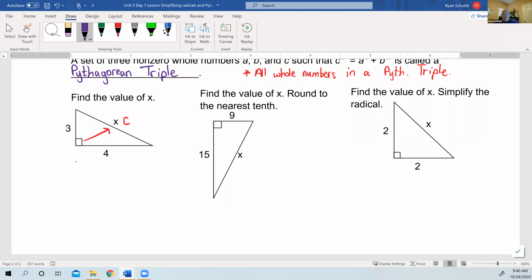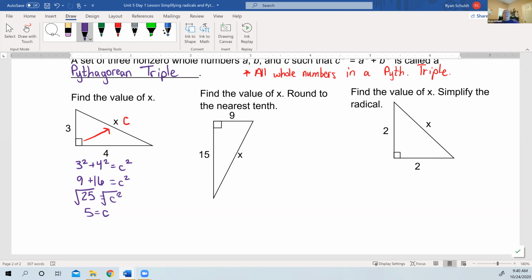So we can say 3 squared plus 4 squared equals C squared. 3 squared is 9. 4 squared is 16. So then I have to do 9 plus 16 to get 25. Take the square root of this. 5 equals C.